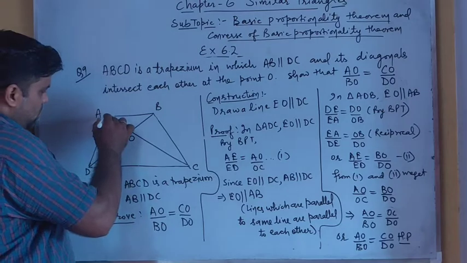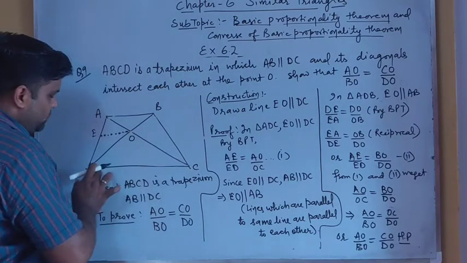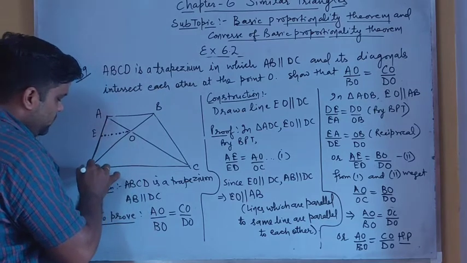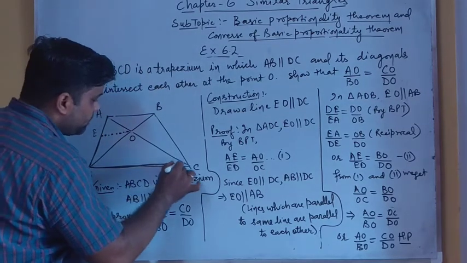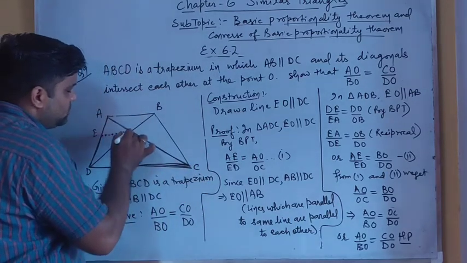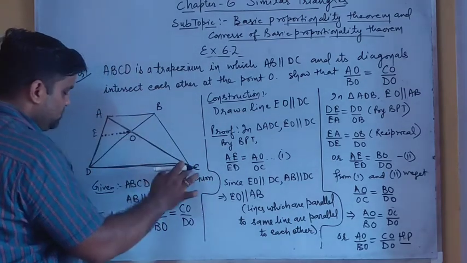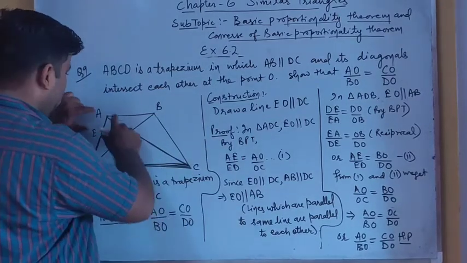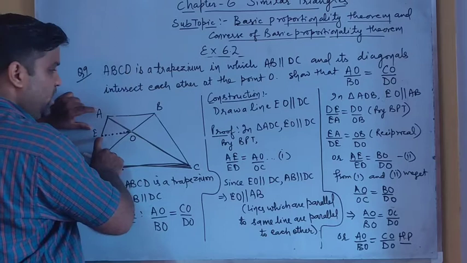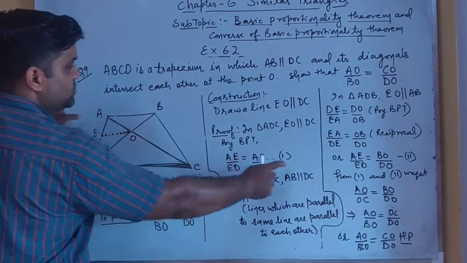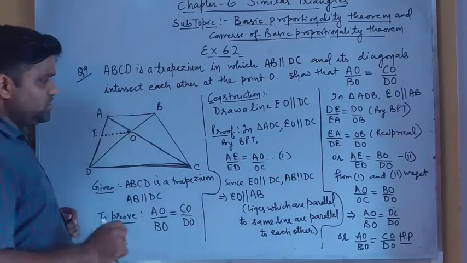First of all, as EO is parallel to DC by construction, we can look in the triangle ADC. Here in this triangle we get EO is parallel to DC, so by the basic proportionality theorem we can write AE by ED equal to AO by OC, and we consider it as equation number 1.